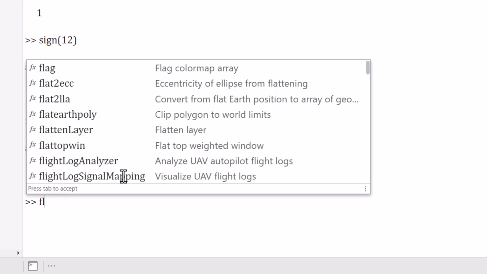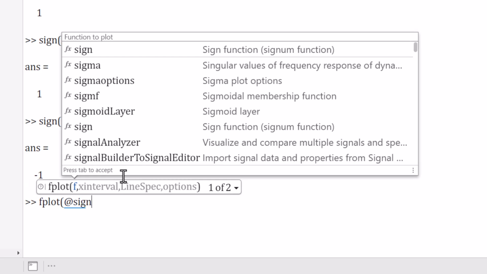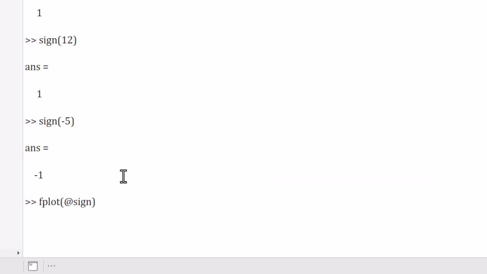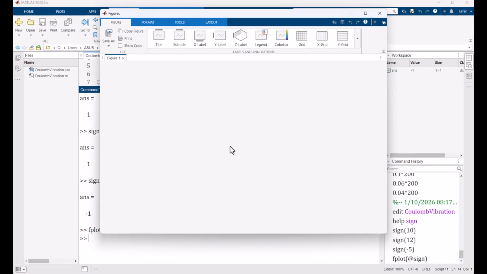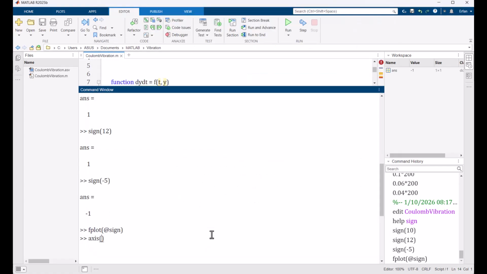You can also plot it: I say fplot of sign, and I set the axis to -10 to 10 and -2 to 2.